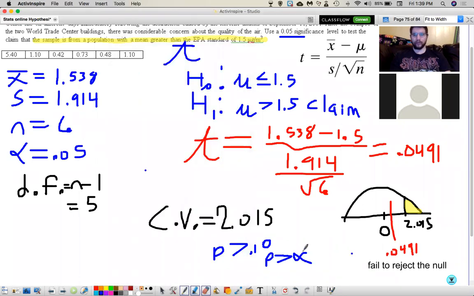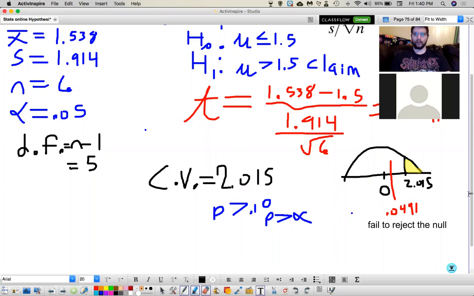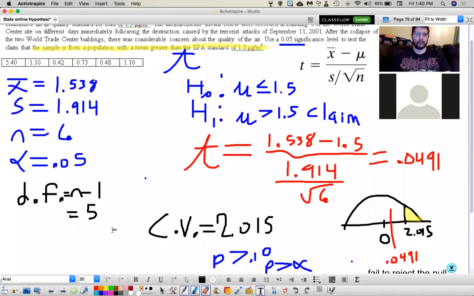Either way we do it, p-value or traditional method, we're going to fail to reject the null. So to write our final conclusion, the claim was in the alternative.